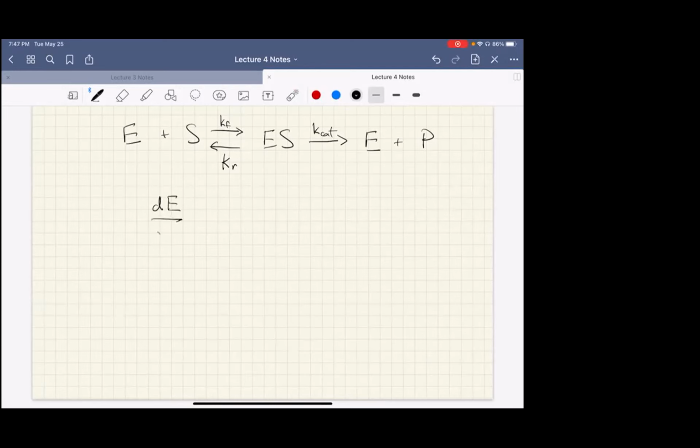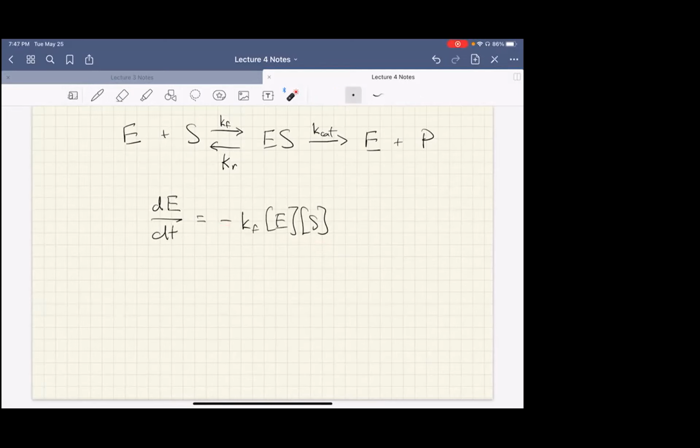Change in E. So some E is going to get plugged into ES, but the rate of that reaction is negative KF E times S. So over here, the things that react are E and S. So it ends up being E times S, KF, and a minus because E is being turned into ES.